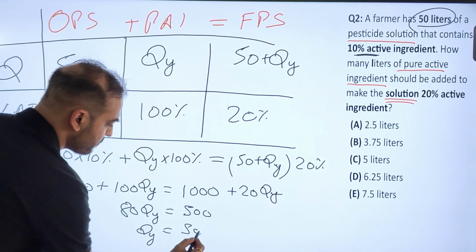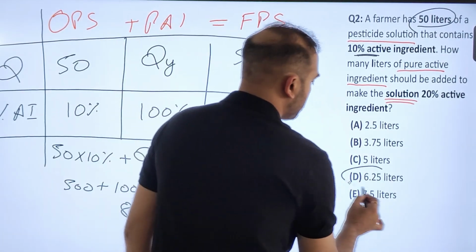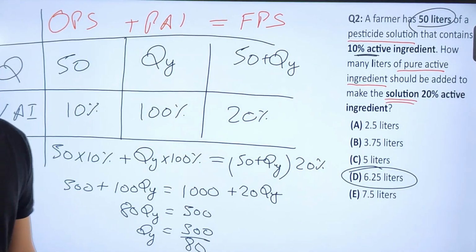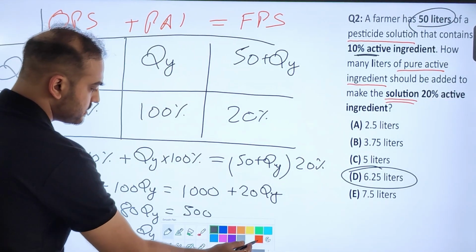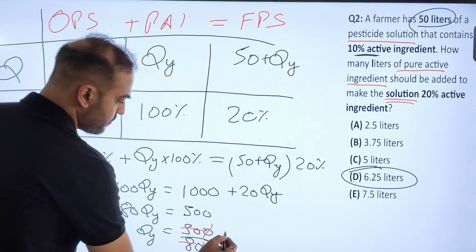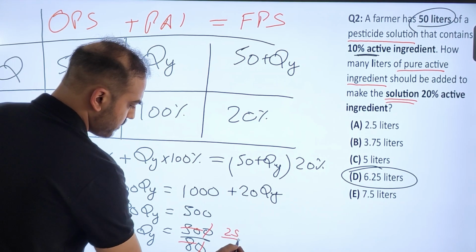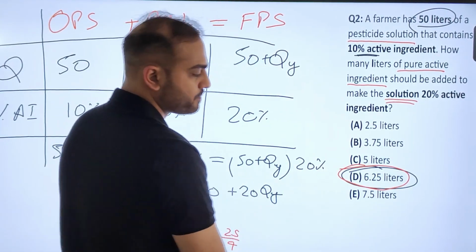QY is 500 over 80. If you simplify that, that's 6.25. 0 cancels, 8 and 50 cancels, 25 by 4, which is 6.25.